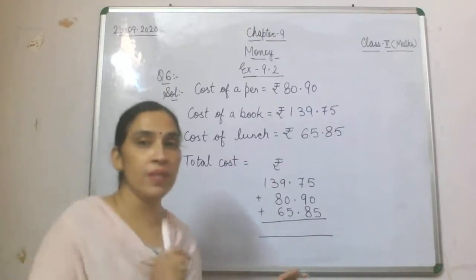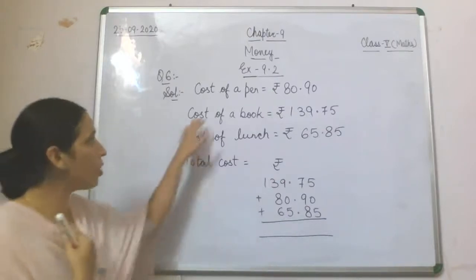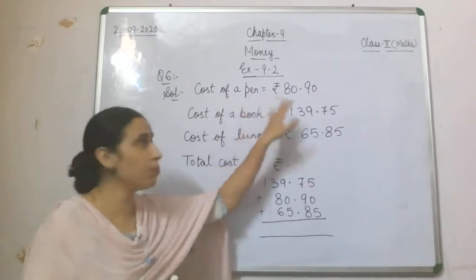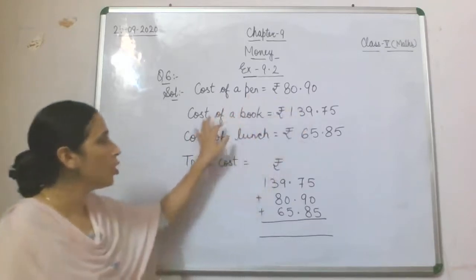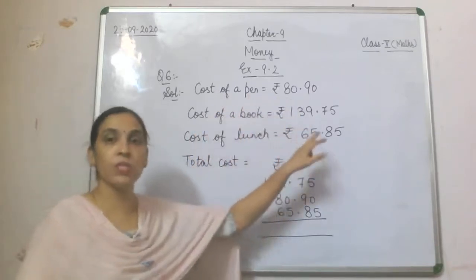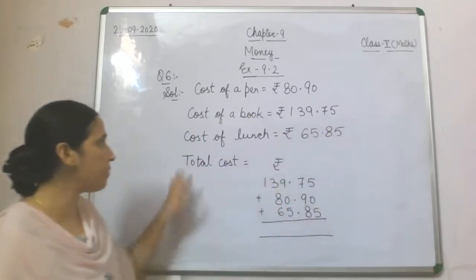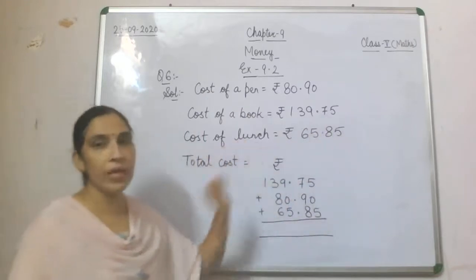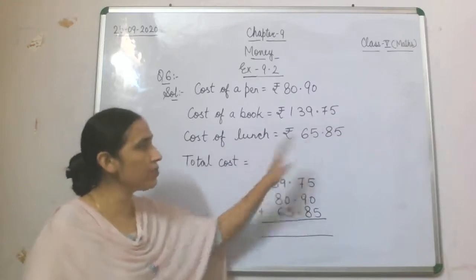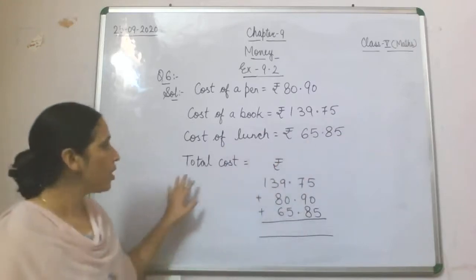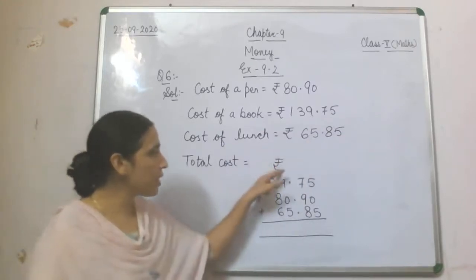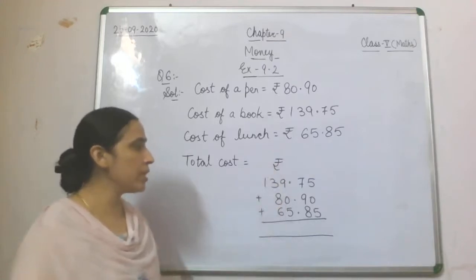So that only we have written here. Cost of a pen, rupees 80 and 90 paisa. Cost of a book, rupees 139 and 75 paisa. Cost of lunch, rupees 65 and 85 paisa. So what is the total cost? We'll write here rupee and then we will do the addition.